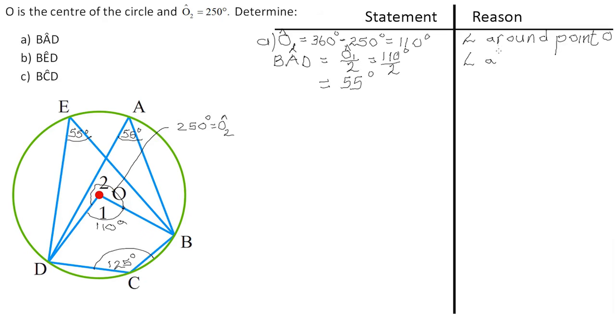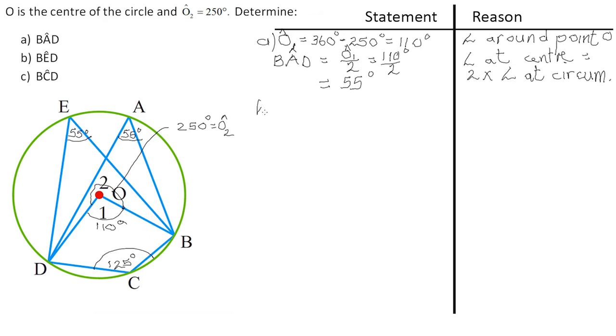Angle at center equals 2 times angle at circumference. Right, we've answered the first one.